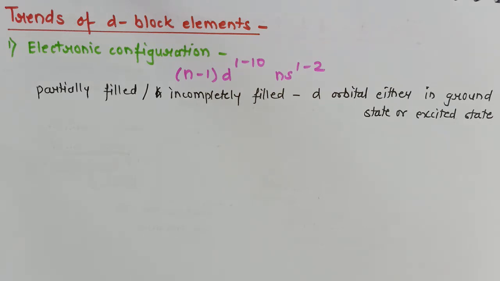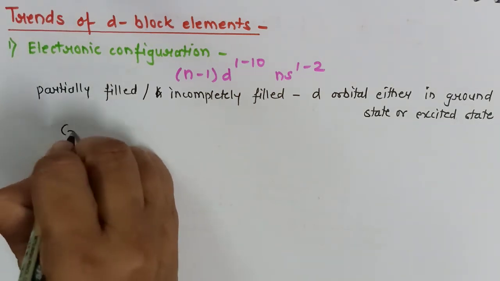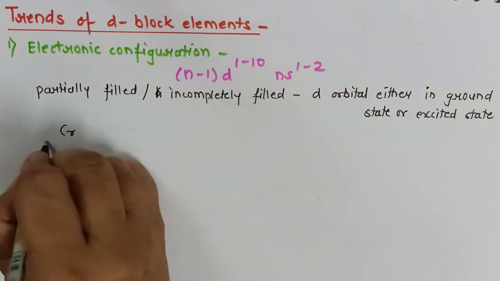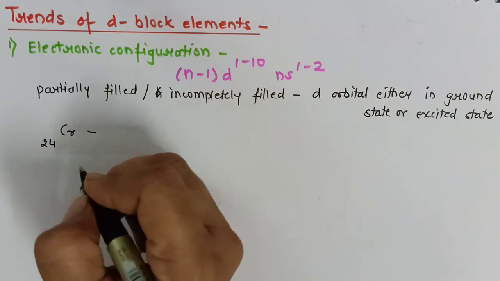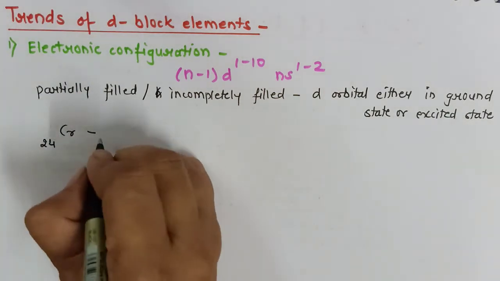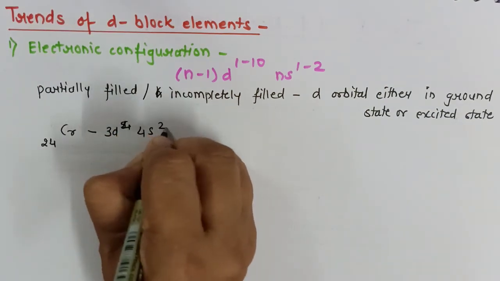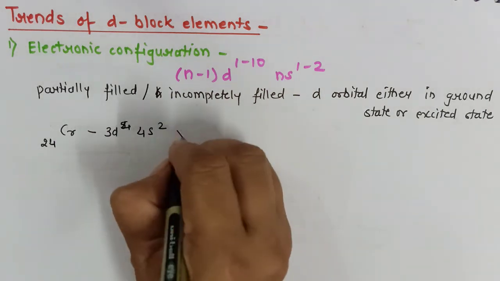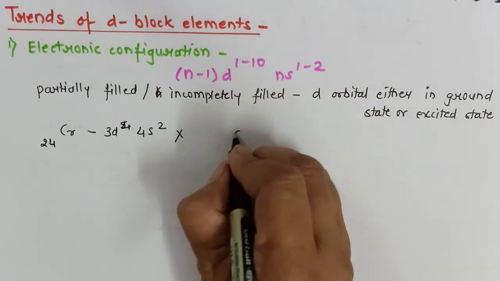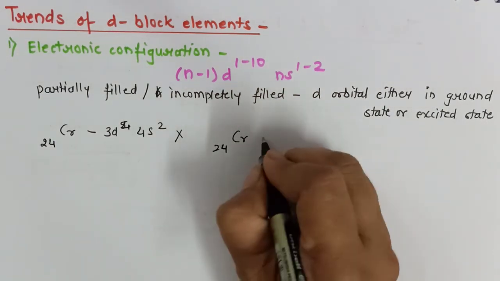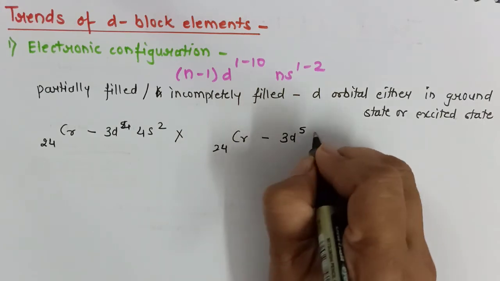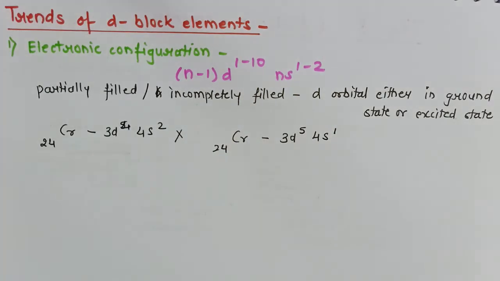There are exceptions. First one, like chromium. Chromium atomic number is 24. So ideally its configuration should be 3d4 4s2. But this is not the condition. Chromium with atomic number 24 shows electronic configuration 3d5 4s1.